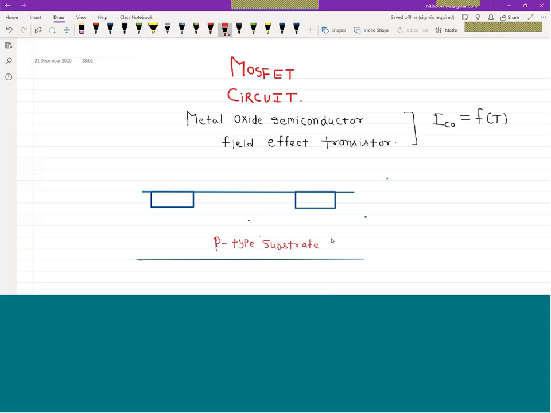You should say this is P minus, a type of doping here, which represents a very lightly doped material. This terminal is known as the body terminal.